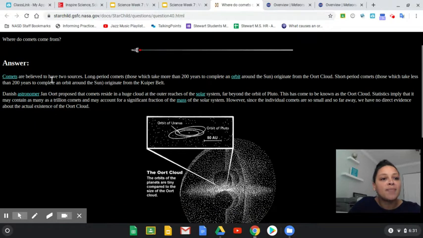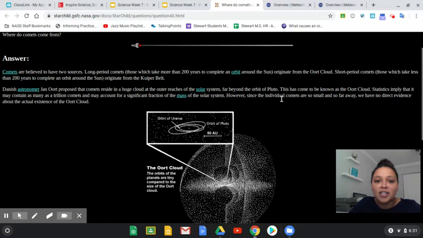And so in these first two paragraphs, I was able to find that they come from two different places. One of those places is from the Oort cloud, which is named after an astronomer who discovered the location.